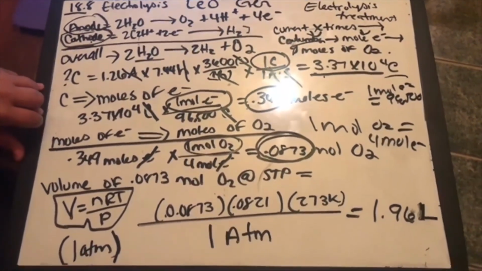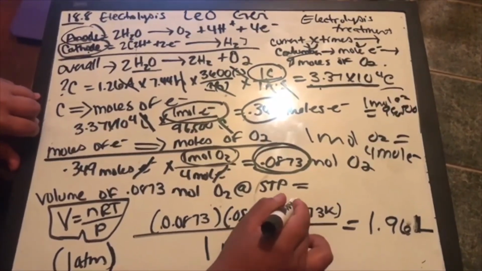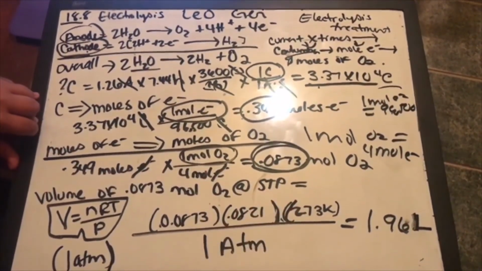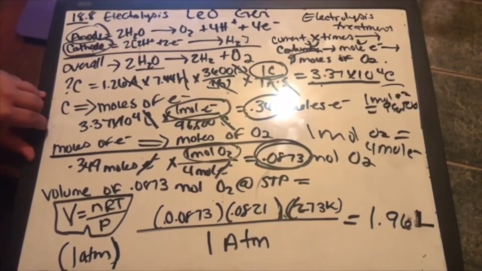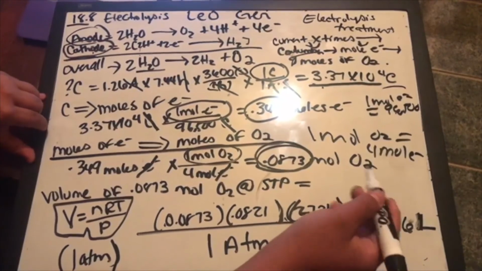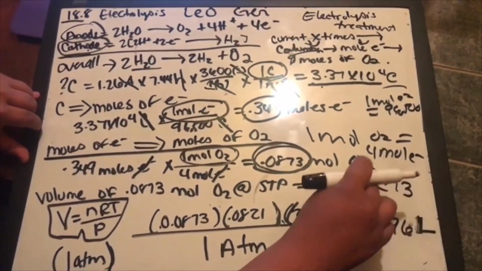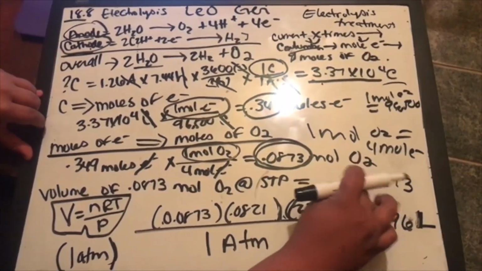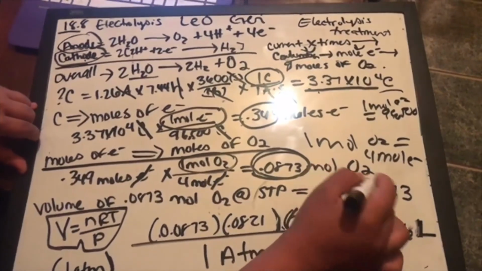times the temperature, which is standard temperature, 273 Kelvin. When you're trying to find temperature in Kelvin, you have to add 273 to the Celsius to make it Kelvin.